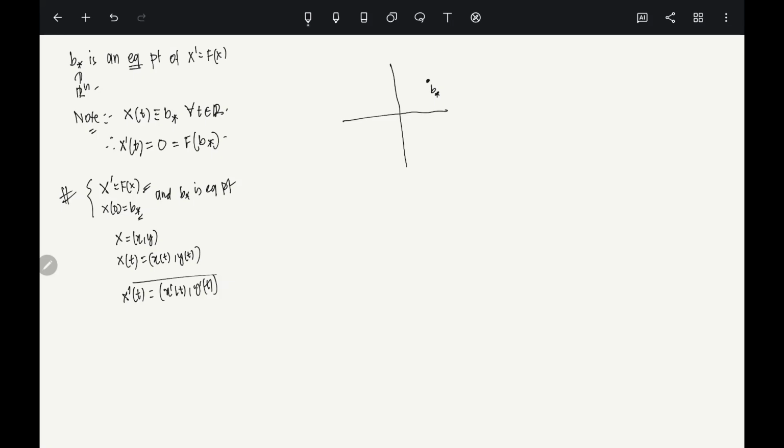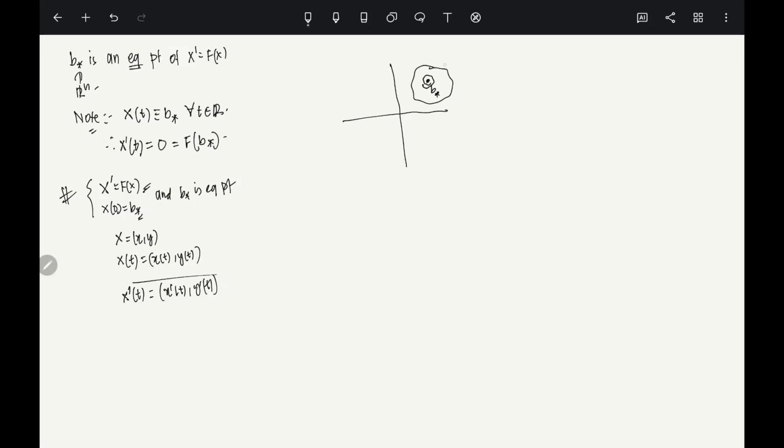Now you see what is Lyapunov stability. Let's say a solution is stable around an equilibrium point, here B star. What we mean by this is essentially that if we start very close to B star, then for all time t we will always remain in a close neighborhood of B star.